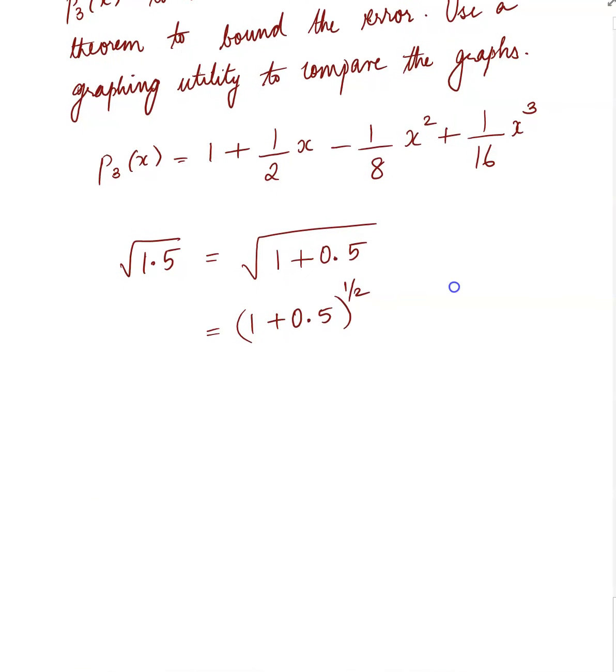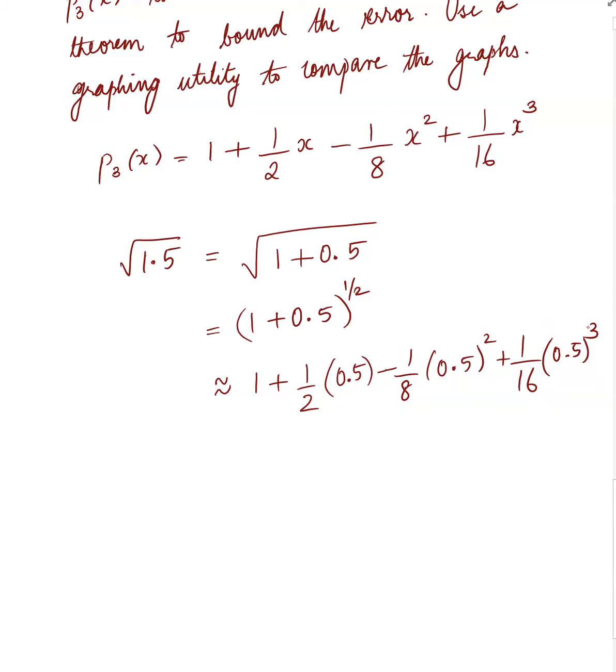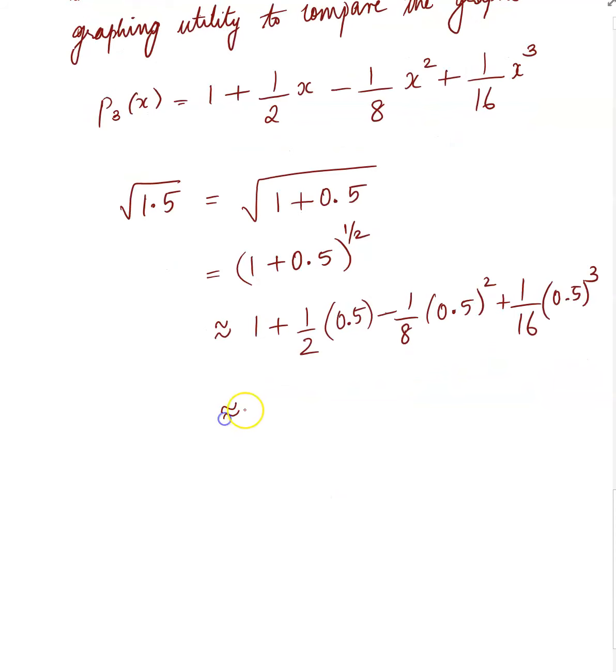Using the P3 approximation, this can be approximated to 1 plus half times 0.5, minus 1 over 8 times 0.5 squared, plus 1 over 16 times 0.5 cubed. If you use your calculator, this would approximate to 1.2266. Be careful when you use your calculator on this.